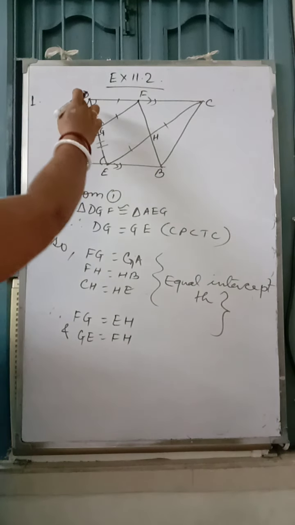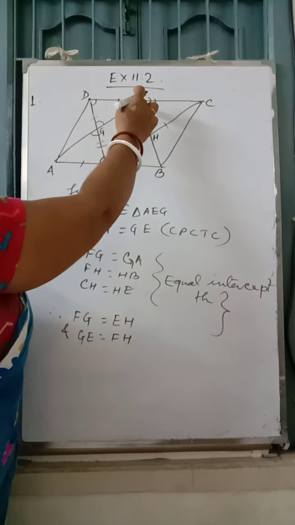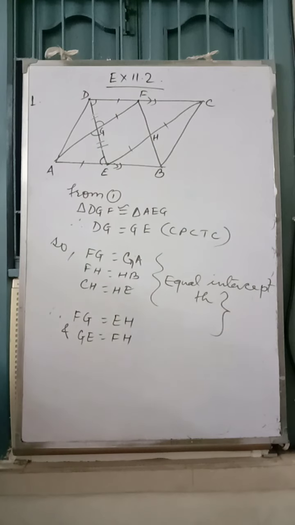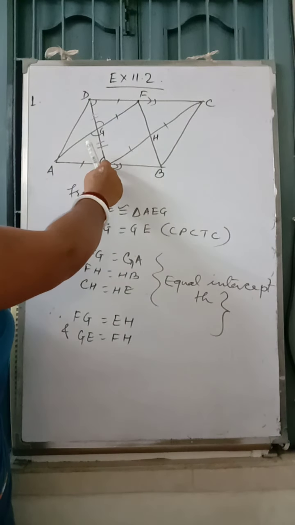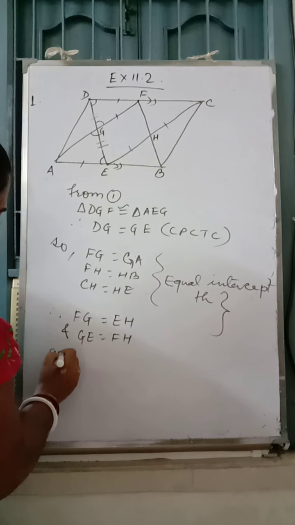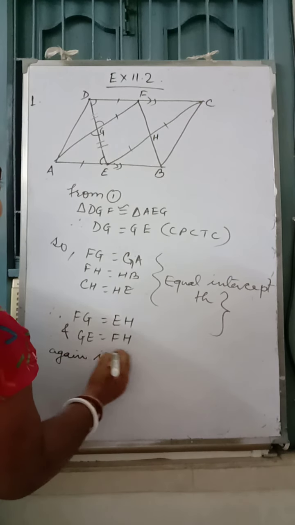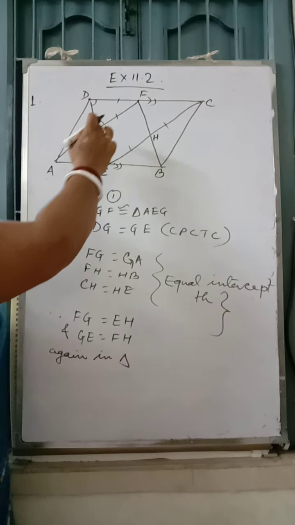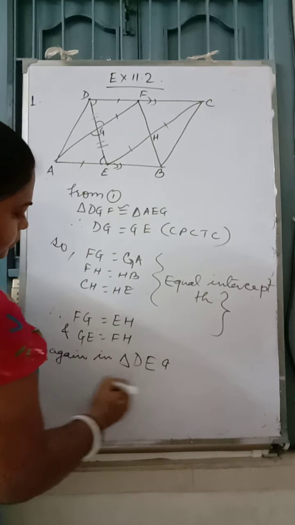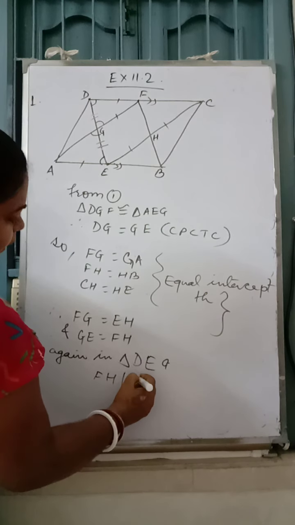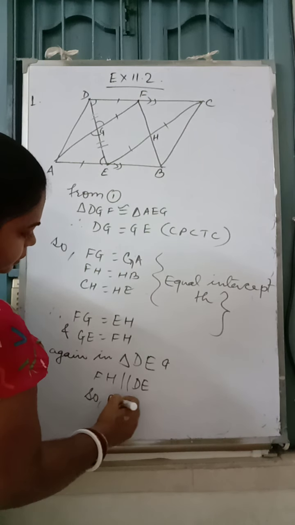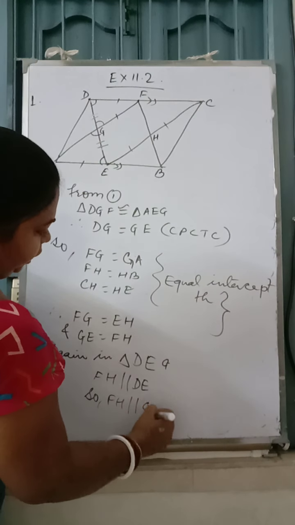Now in triangle DEC, F is a midpoint, so this will be half of DE, or already we have proved this will be parallel to this. Again in triangle DEC, FH is parallel to DE, so FH is parallel to GE.